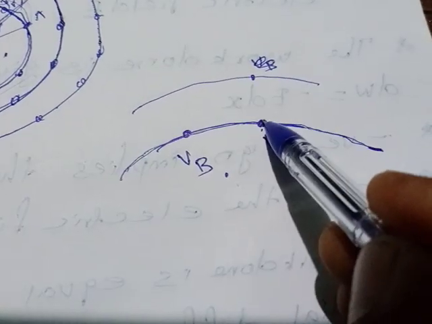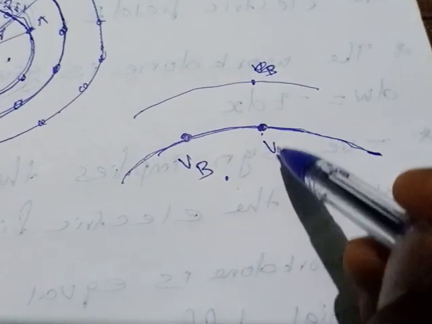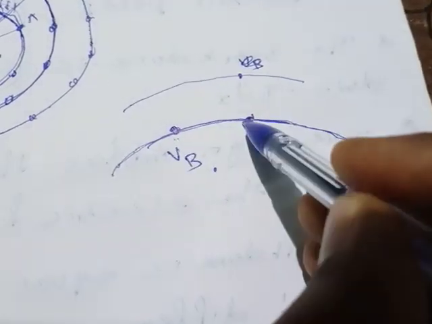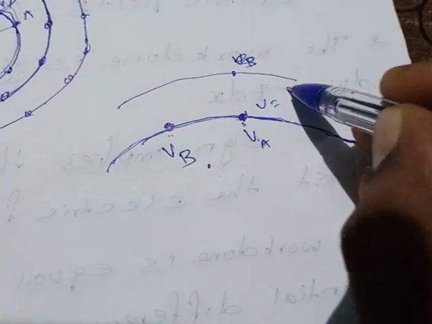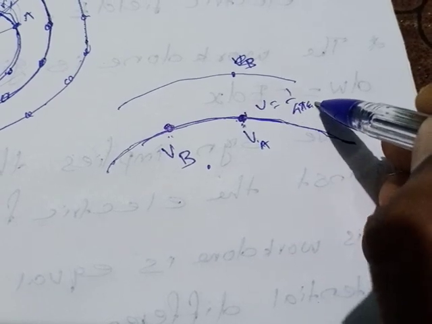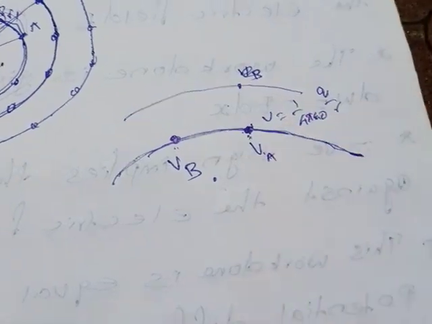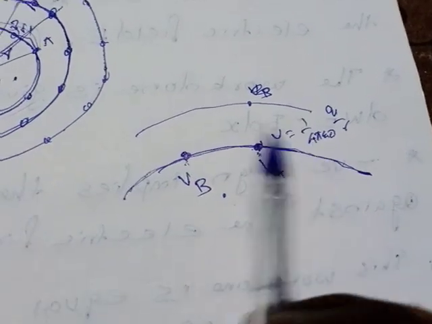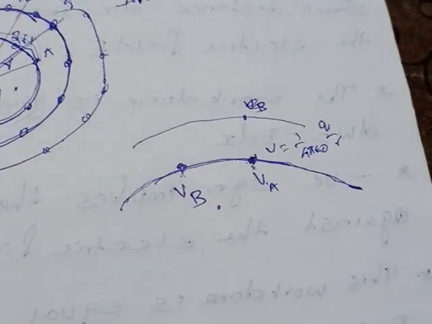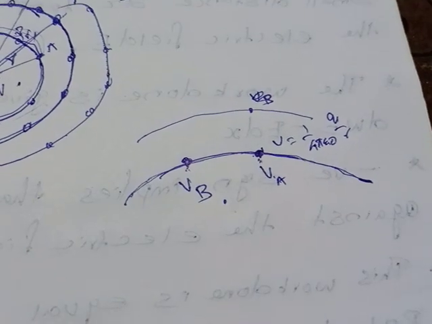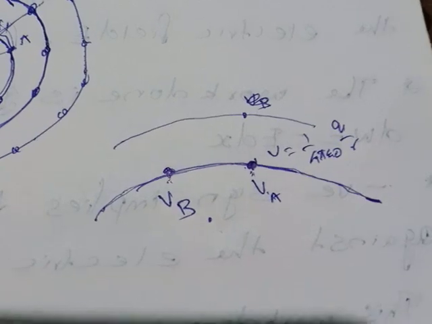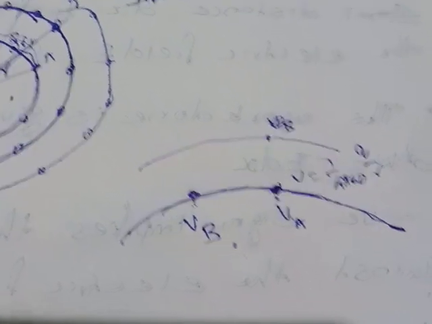Assume that I am taking 2 points A and B. You know at this point the electric potential V is equal to 1 by 4 pi epsilon 0 Q by R, and at this point also the same potential will be there. Now you see the first property of this equipotential surface.